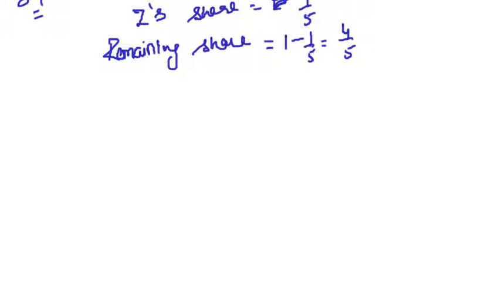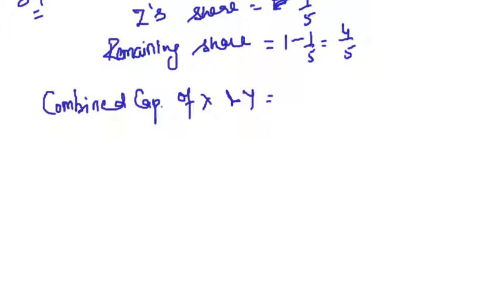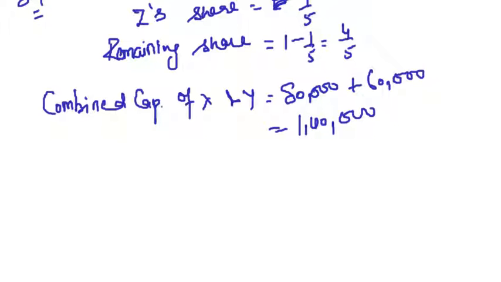Now take the combined capital of X and Y after all adjustments. Please make note of this. For this you will have to prepare the partners' capital accounts first, get the balances after all the adjustments, and then take the combined capital. Here I have given that the capitals after all adjustments are 80,000 and 60,000, that means 1,40,000. Now see, this 4/5 share belongs to X and Y both.